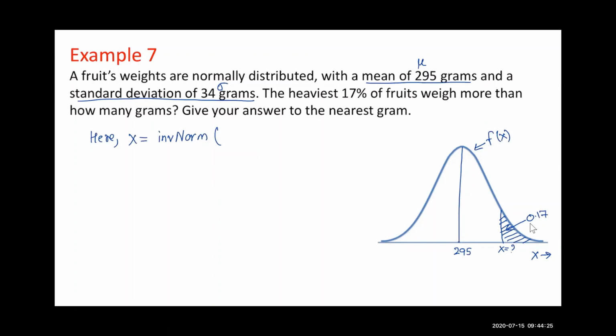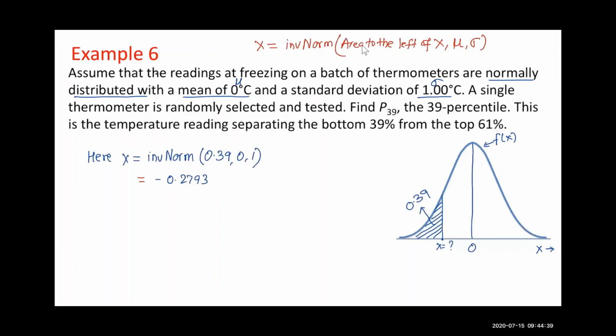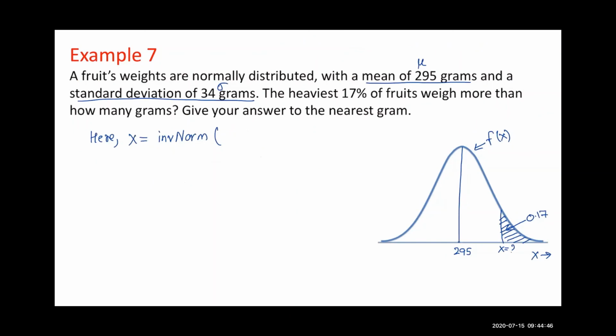The right or the left? The area on the right is 0.17, but in our calculator, we have to use the area on the left. All the time, we have to use the area on the left. Area on the right is 0.17, so what is the area on the left?